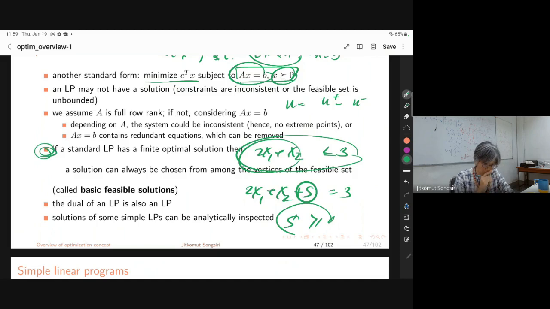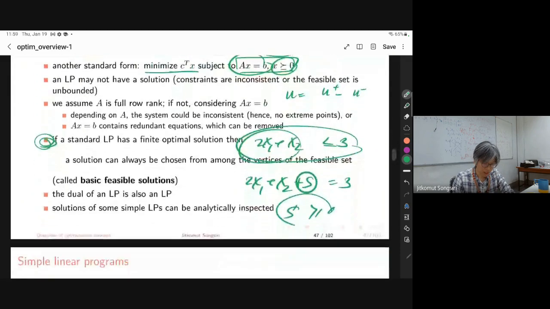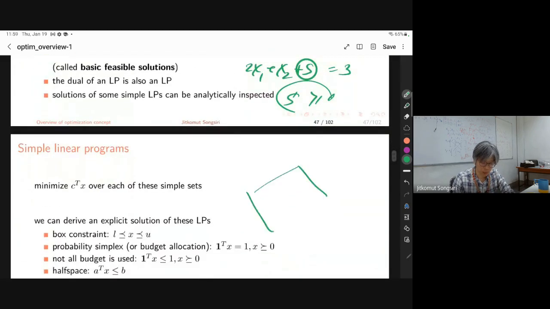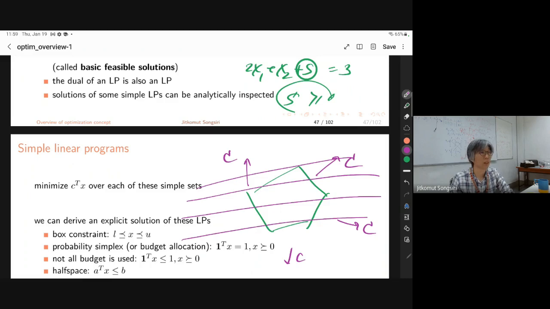There's a result, can you imagine when you have a constraint set that looks like a polyhedron? If I choose C this way, my level set is going to be like this, right?